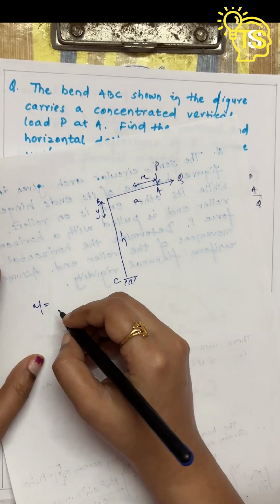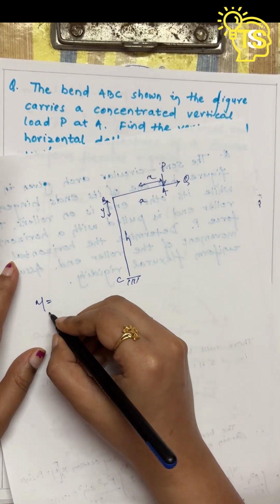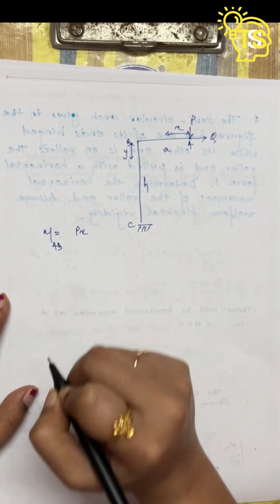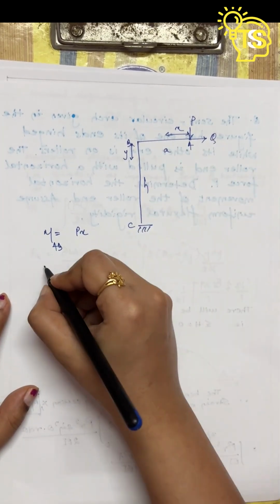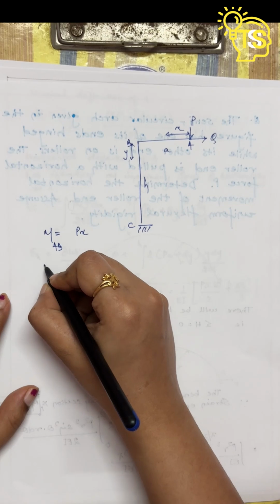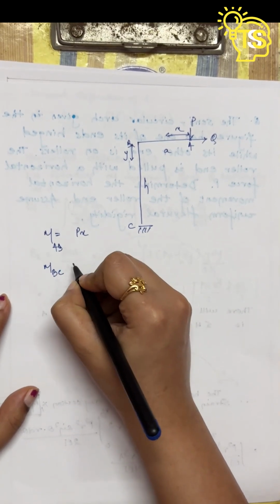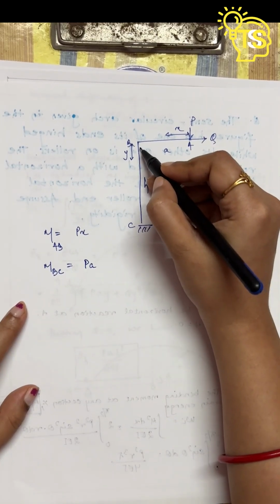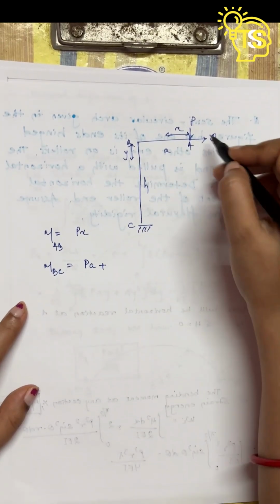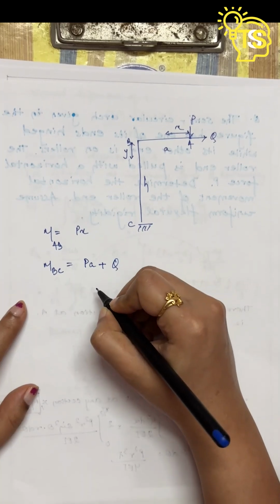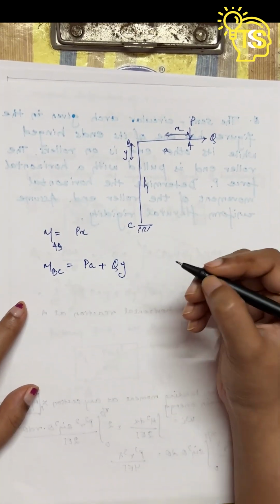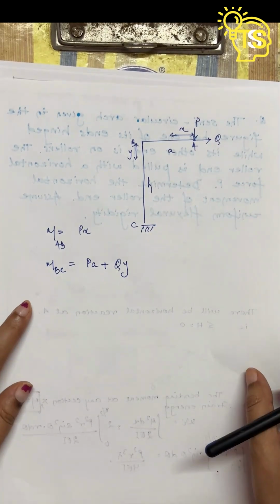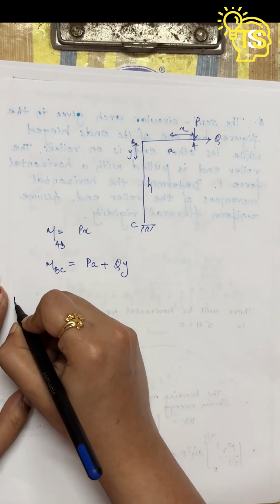Now we will get the moments. The moment at AB is P into x, and the moment at BC is P into a plus Q into y, and both have the same direction, that is anti-clockwise direction. Now let's calculate the strain energy.